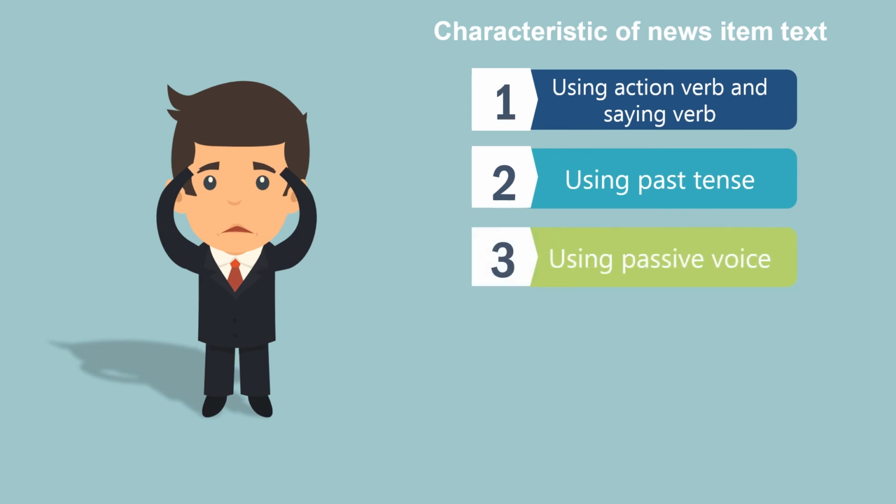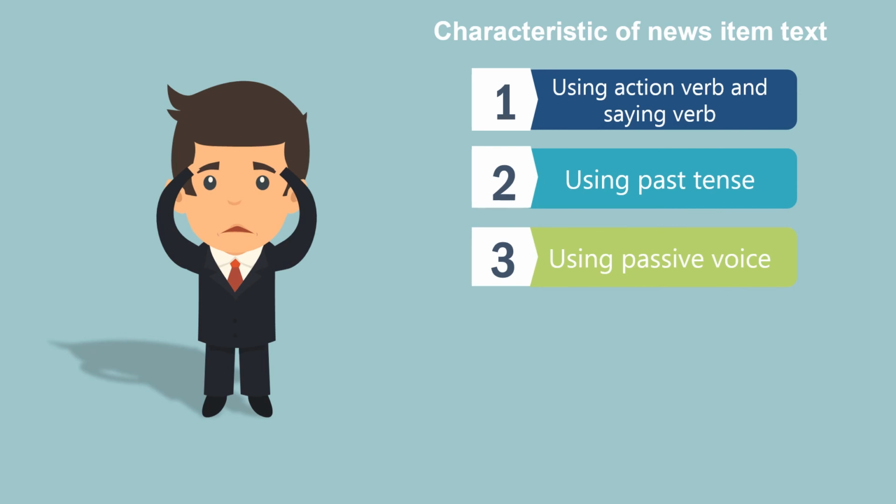The third one is the use of passive voice. We often see the use of passive sentences in news stories to emphasize the action, not the participant or person who did it. The passive voice is also useful when you don't know who the agent is.